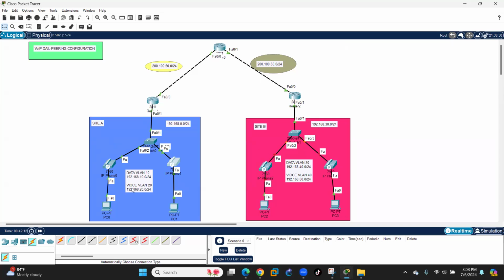Please use the opportunity to configure your own, if you really know what you are doing. Once you configure your router interfaces, you have to configure your VLANs and your sub interfaces. We've done VLAN configuration and sub interfaces, router on a stick. If you can't configure that, know that you are behind on your own.